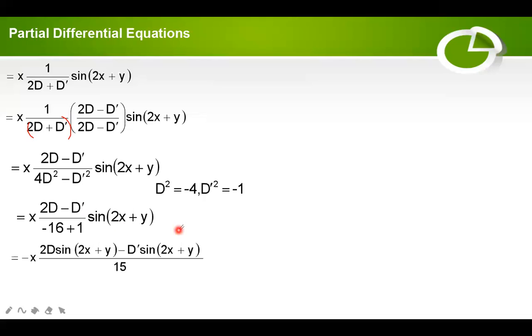What is D? D means partial derivative with respect to x. And D dash is the partial derivative with respect to y. So now differentiating partially with respect to x: derivative of sine is cos(2x plus y) into derivative of the inner function with respect to x. Y is constant, derivative of x is 1, we will get 2. So 2 times cos(2x plus y) into 2, we will get 4 cos(2x plus y).